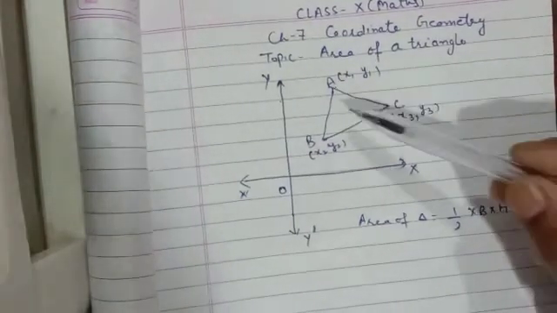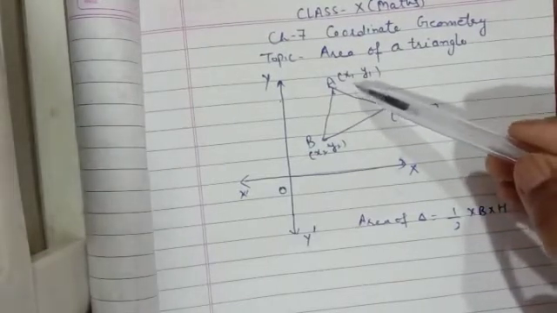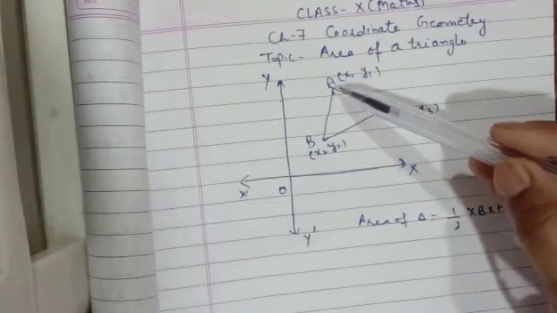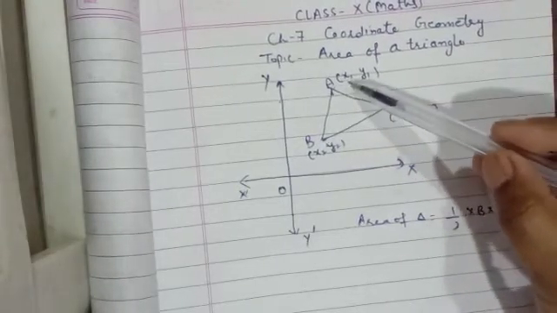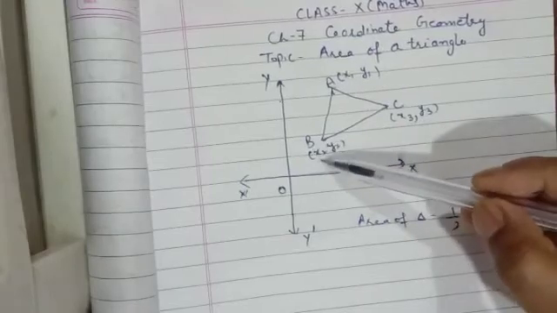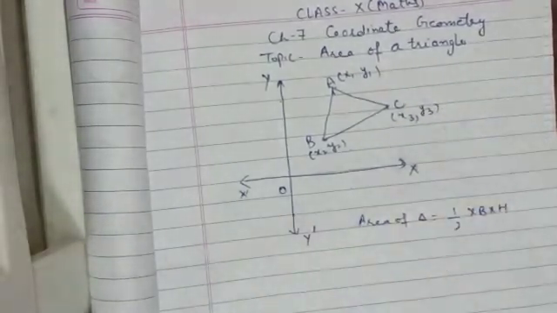Let us suppose a triangle ABC is given in the plane with three vertices A, B and C. Let us suppose the coordinates of A are x1, y1, coordinates of B are x2, y2 and coordinates of C are x3, y3.